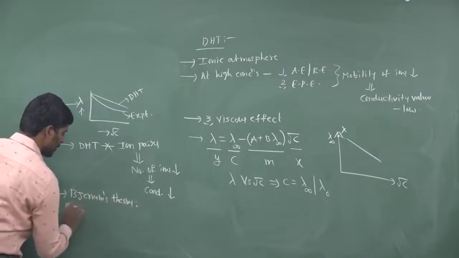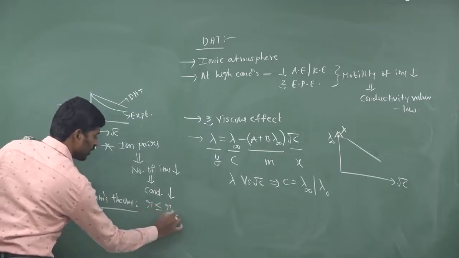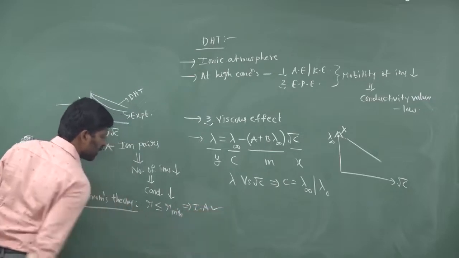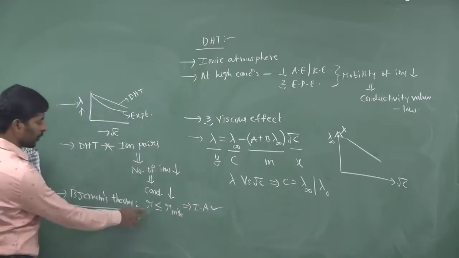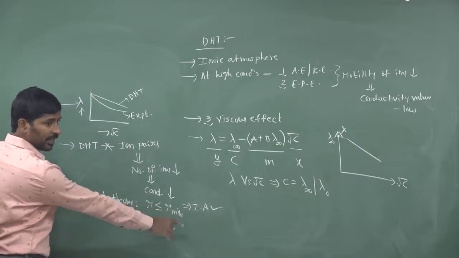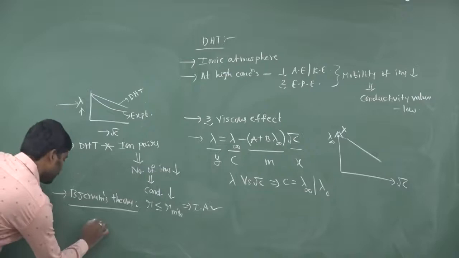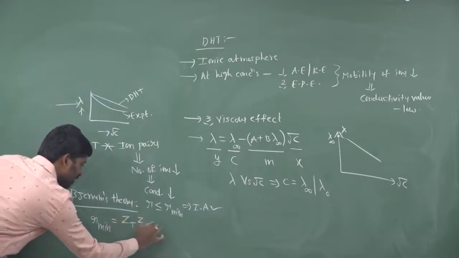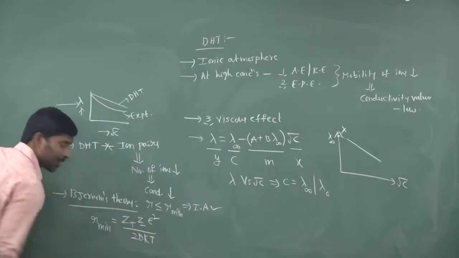According to Bjerrum's theory, if the R value is less than or equal to R minimum, then only ion association takes place. If the distance between the ions is less than R minimum, ion association takes place. What is the expression for R minimum? Remember this: Z plus Z minus epsilon square by 2 D kT.